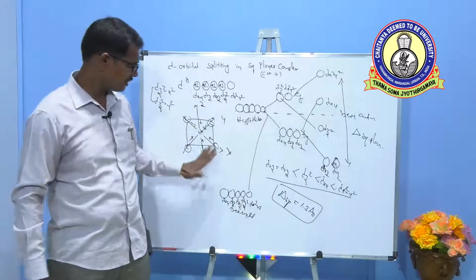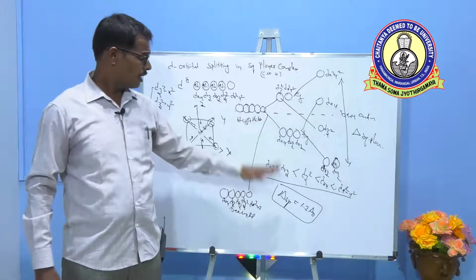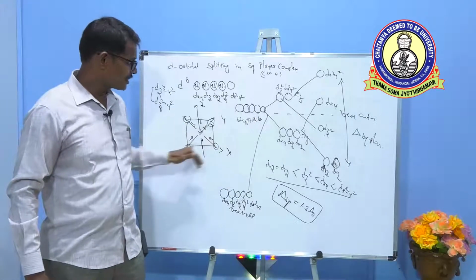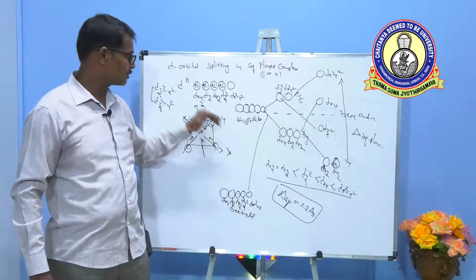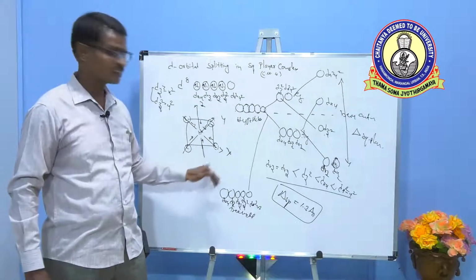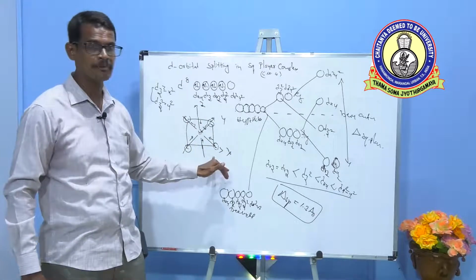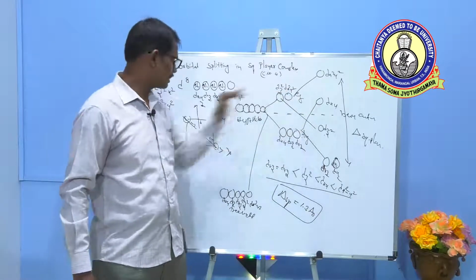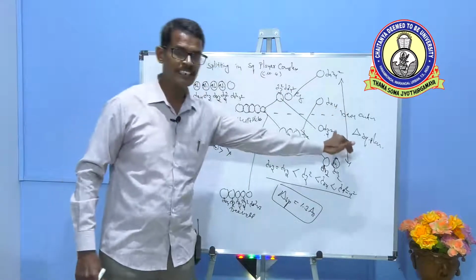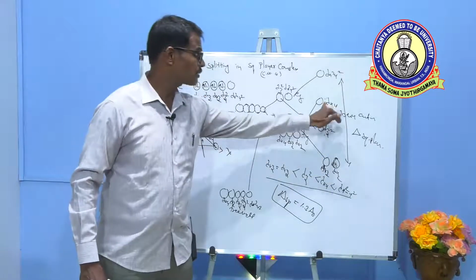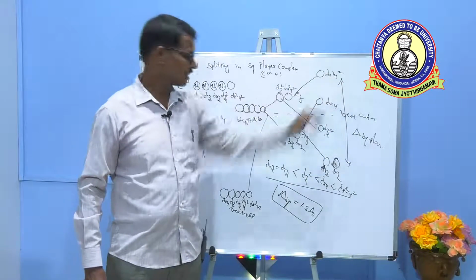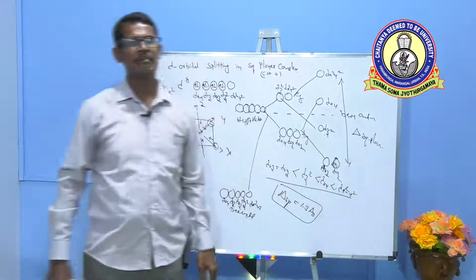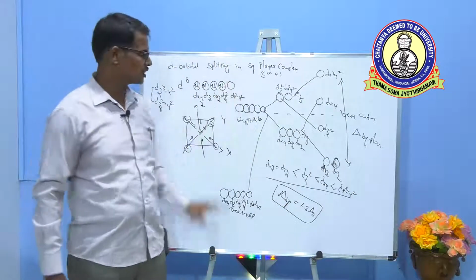See, in this complex, the ligands are present along x and y axis, no ligand along the z axis. Due to this particular arrangement, further splitting occurs in T2g and Eg such that z orbital's energy decreases, xy orbital energy increases, and it is the order of d orbitals in square planar geometry.